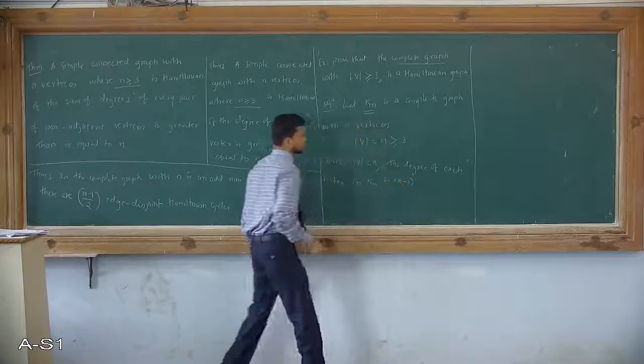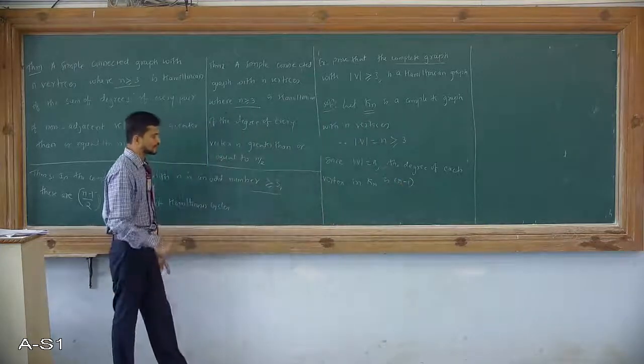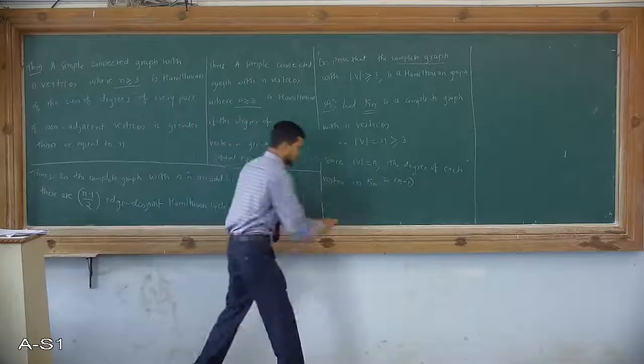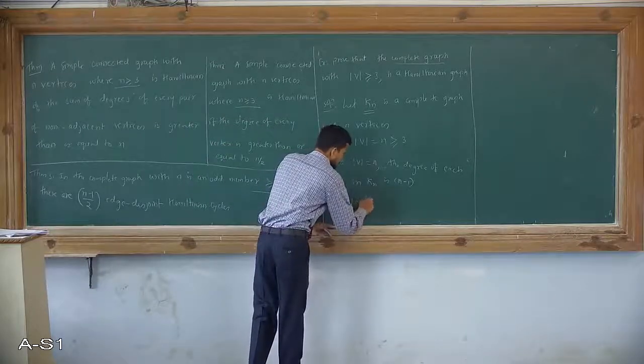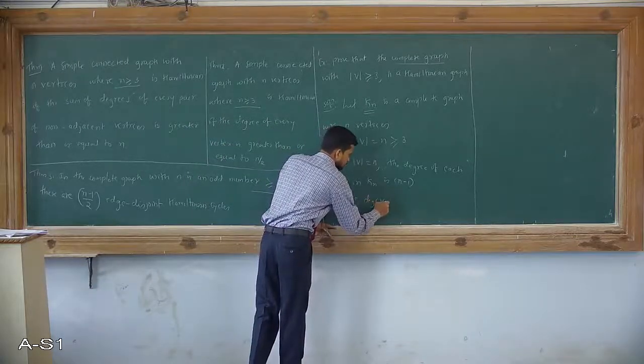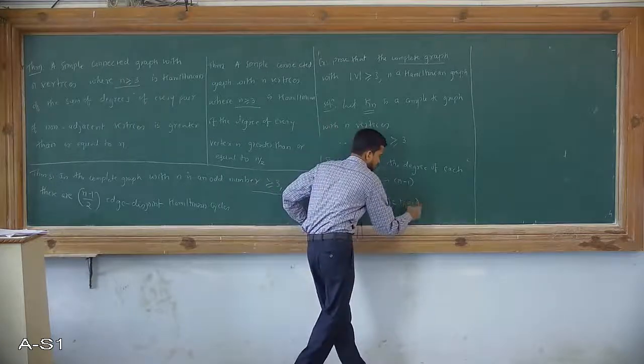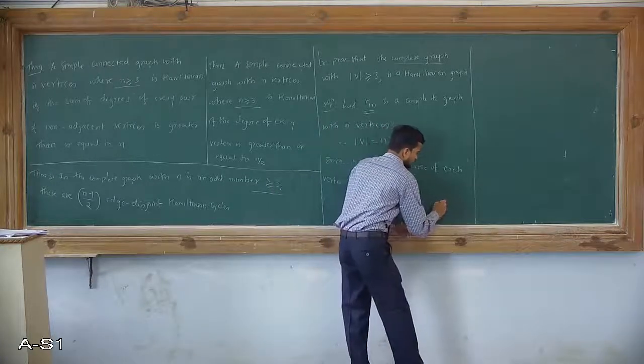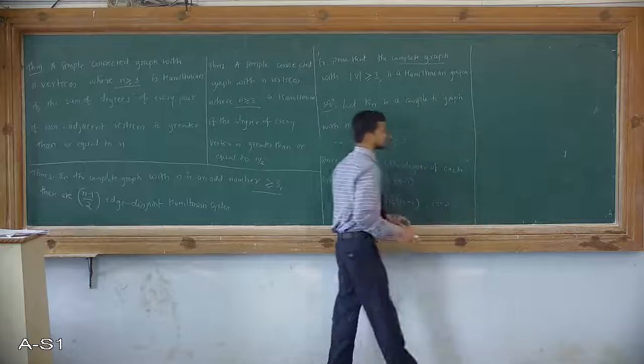That is, the degree of each vertex is equal to n minus 1.